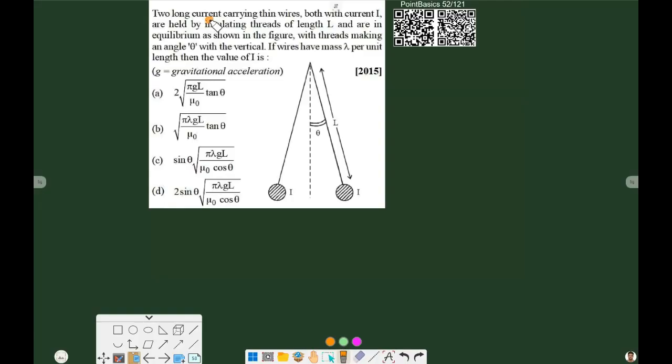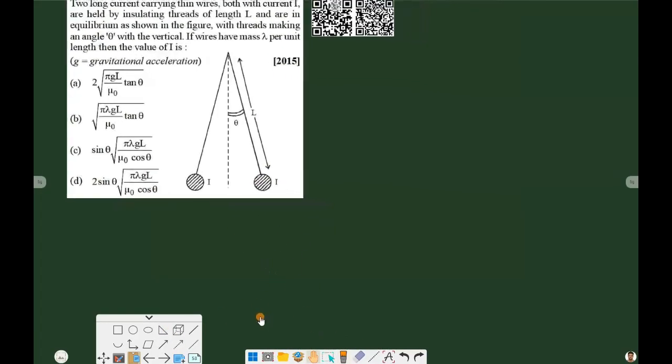If the wires have mass lambda per unit length, then the value of I. So we have to find out value of current, and these are the wires which we are talking about and which have mass per unit length lambda. So we have to find out the value of current in terms of lambda and all that stuff.